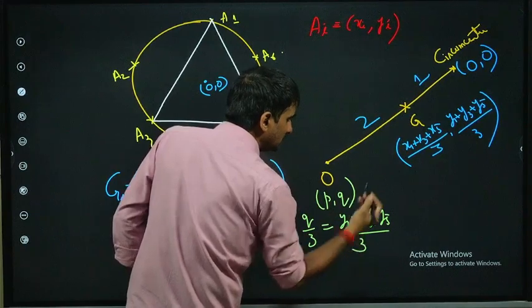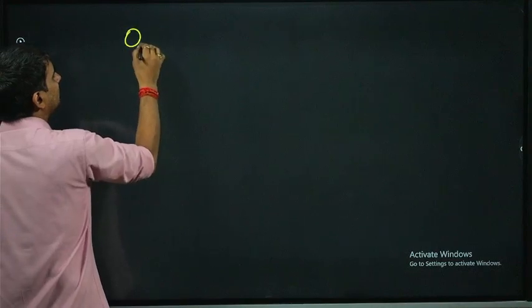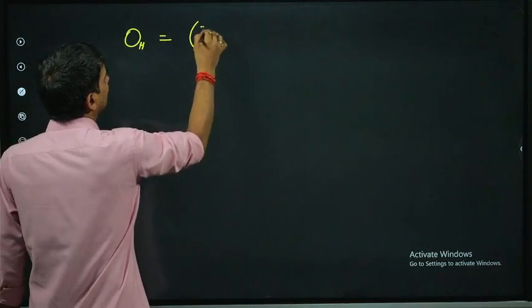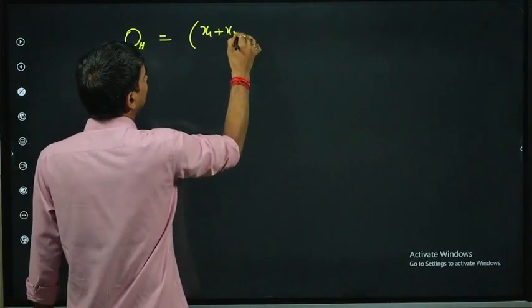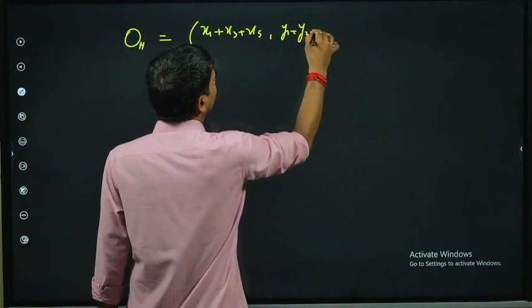So we get that the orthocenter of the first triangle, H, is nothing but x1 plus x3 plus x5, comma y1 plus y3 plus y5.